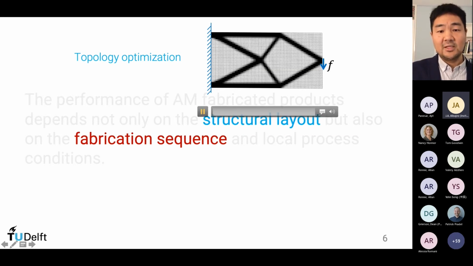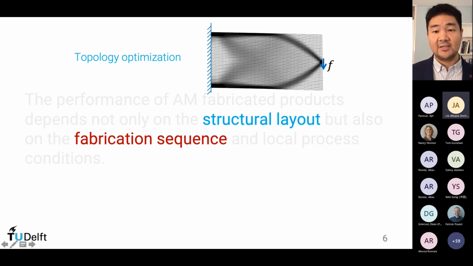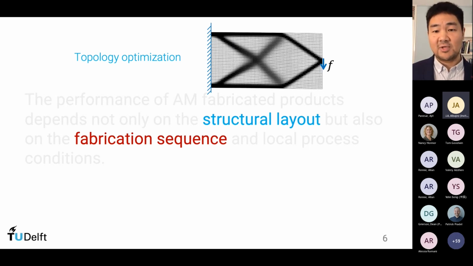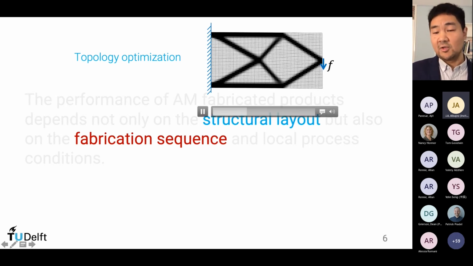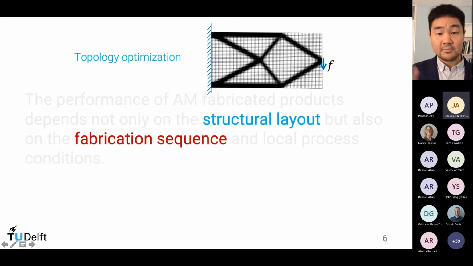So in the end, topology optimization is able to find a very optimized structure for the intended load case. In this case, a load is applied on the right-hand side. This is very well recognized in the community, exploiting the flexibility of additive manufacturing.